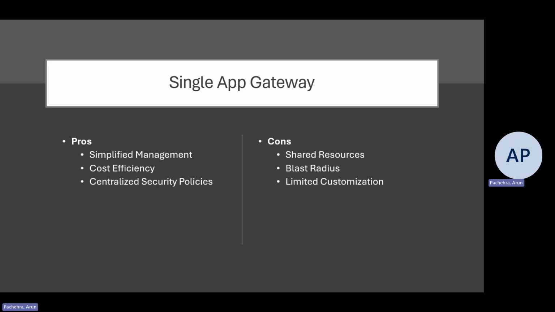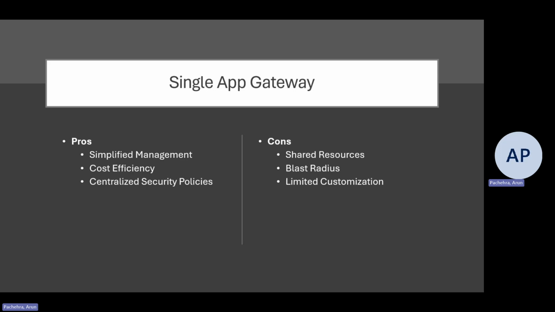But what are the cons? The very first is the shared resources. You can easily relate it with cost, right? Shared resources. So all applications share the app gateway's bandwidth and resources, which might lead to performance bottlenecks if the traffic volume is high, or if one application consumes disproportionate resources, because it's a shared resource, so there could be a risk.